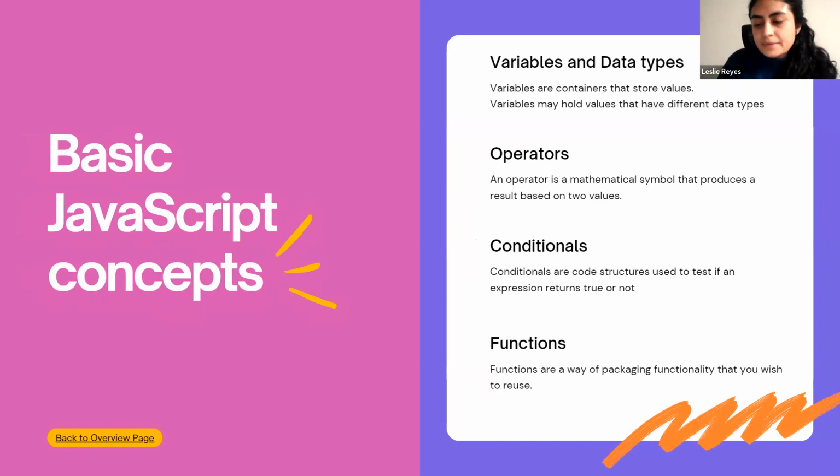And what I mean by data types is strings, which are for text, for example, numbers, booleans, meaning true or false. Then we have specific ones like null, which is specifically for an empty value without having a value. Undefined is when you declare a variable but it doesn't have a value.